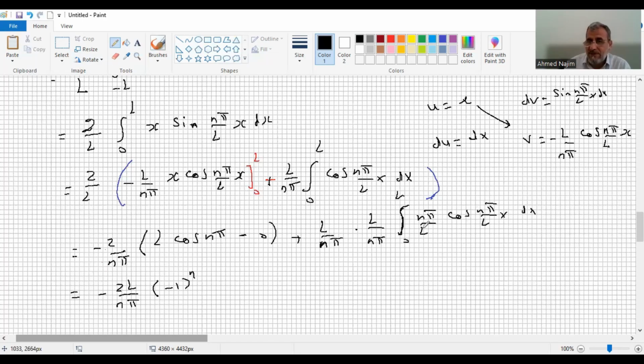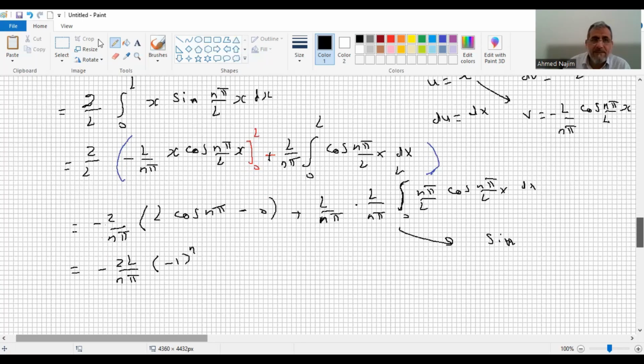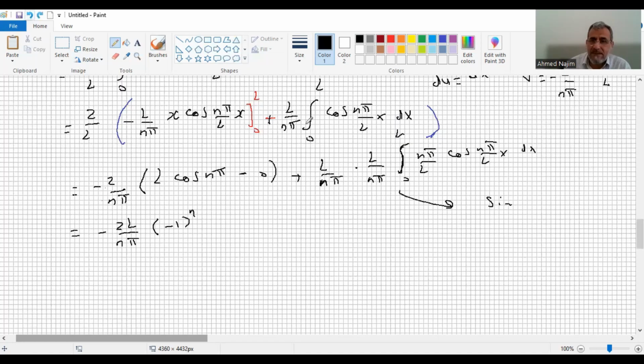Now the derivative of cosine, so this will be sine n pi over L x, and outside L by L is L squared, and n pi by n pi we have n squared pi squared.